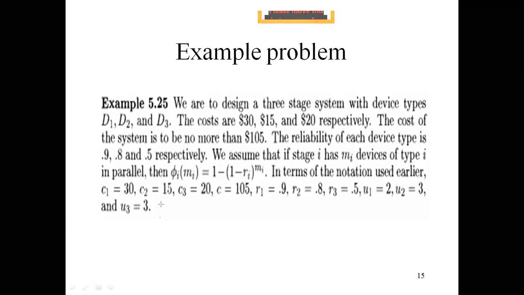C minus sigma Ci divided by Ci plus 1, so that is 40 by 30, that is 1 plus 1, 2. So you will get the upper bound U1 at the maximum value for D1 type 1.